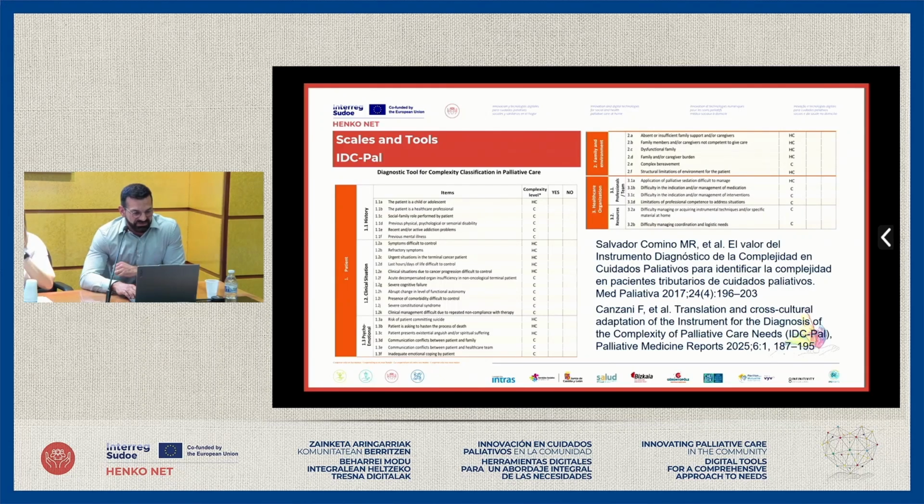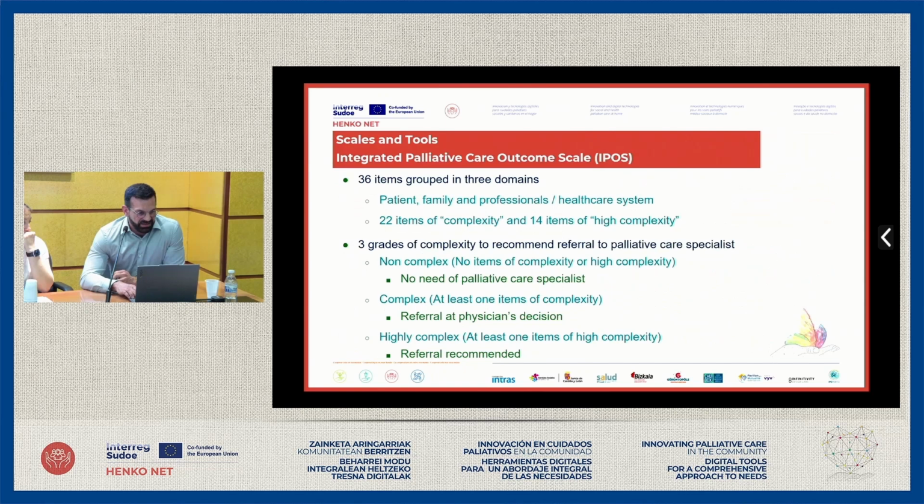You can see on this slide the scale, the EDC-PEARL, with the 35 items and the complexity level related to each item. And the last example is the scale named Integrated Palliative Care Outcome Scale. Almost the same number of items, grouped also in 3 domains: patient, family, and professional healthcare system.